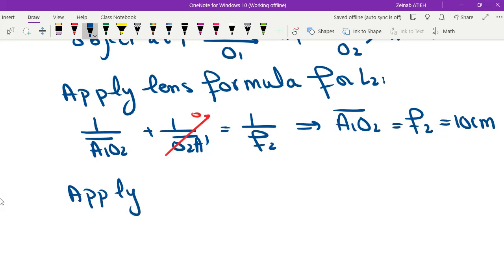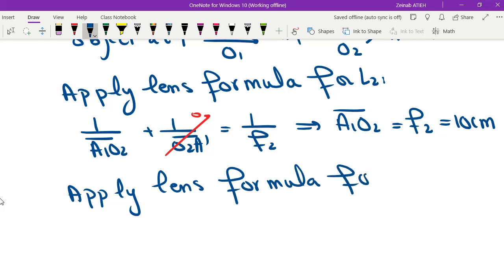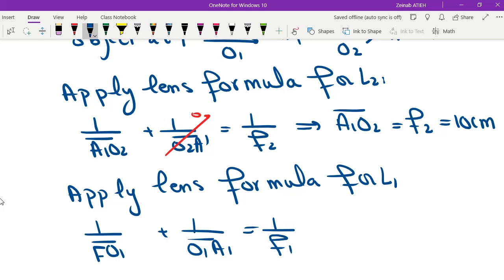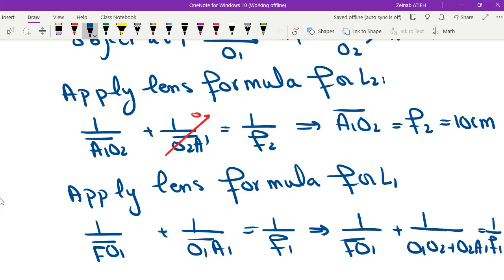For L1: 1 over FO1 plus 1 over O1A1 equals 1 over F1, where I have called the object focus F. We are searching for the position of F, so 1 over FO1 is the unknown, plus A1, which we found with respect to O2, so we insert the letter O2: O1O2 plus O2A1 equals 1 over F1.